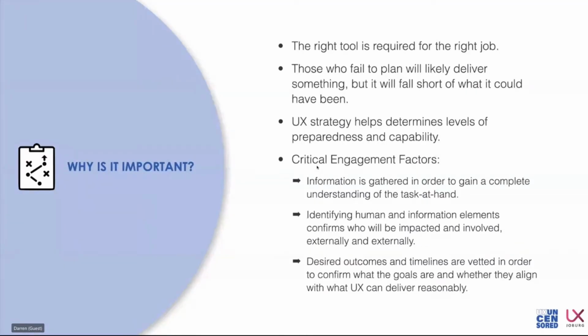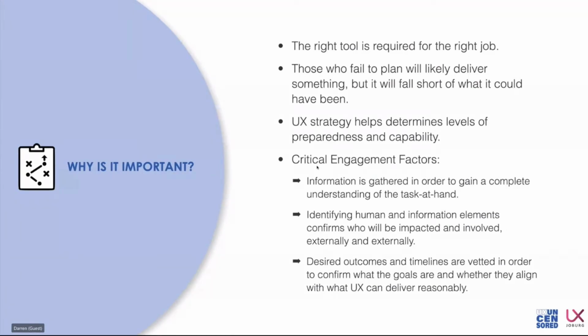Well, from a project perspective, you need to be able to prescribe the right tool for the right job. That's a key part and a critical aspect of UX strategy. Not all, but it's a critical part. If you fail to plan, which is really all strategy is, you're likely going to deliver something. Everybody delivers something.